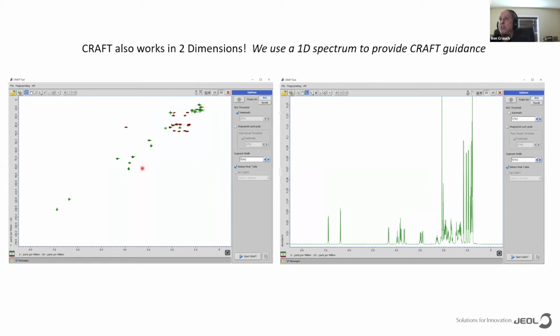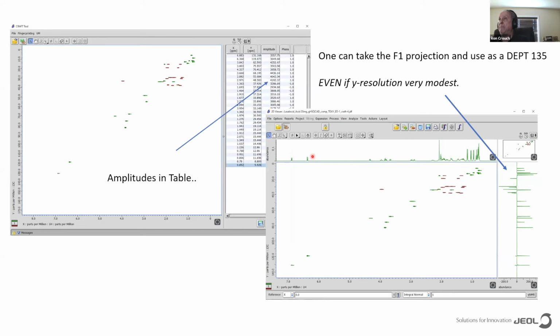So here's an HSQC. Here's a proton spectrum that is used as guidance to tell CRAFT what interferograms to look at when we do the 2D CRAFT. So here's the 2D CRAFT result.